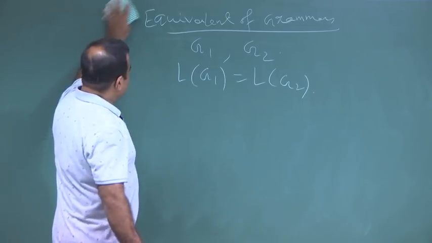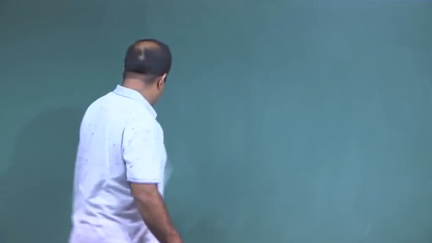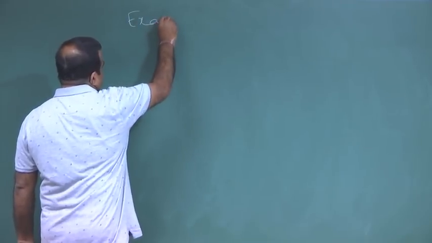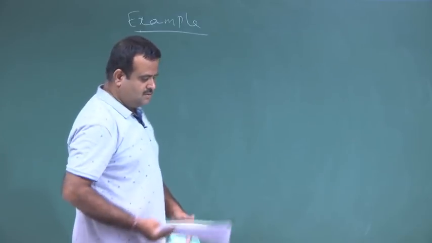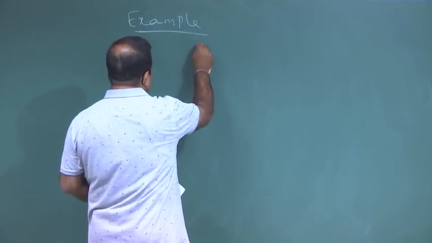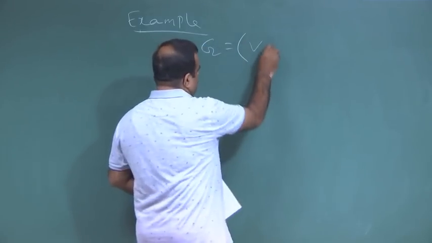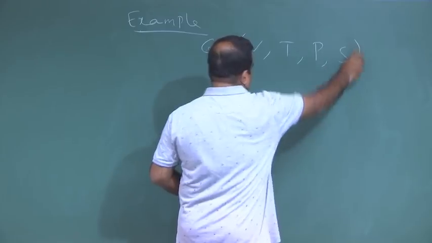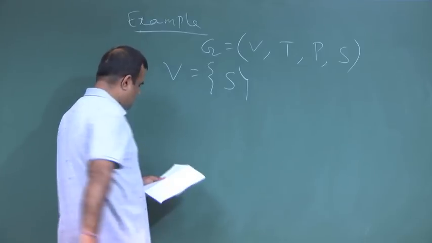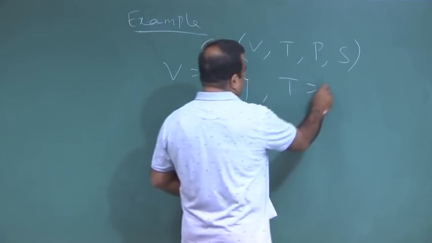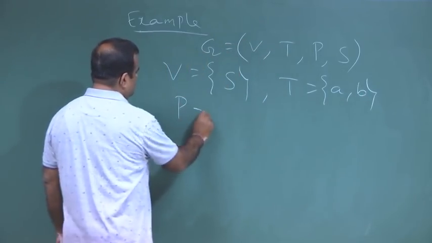So, we will take some examples of equivalent grammars. Let us take an example and see the language of it. Consider a context free grammar G = (V, T, P, S), where V only has the variable S, T is the terminals, the alphabet A, B, and P the rules.